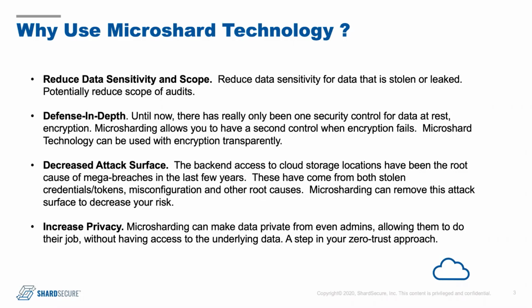Because of the reduced data sensitivity, it also has the potential to remove the data at rest from the scope in your audits, making everyone's job a little bit easier. The second reason is for defense in depth. Everywhere in cybersecurity, we use multiple security controls.